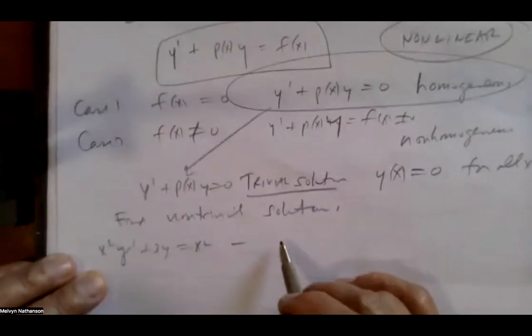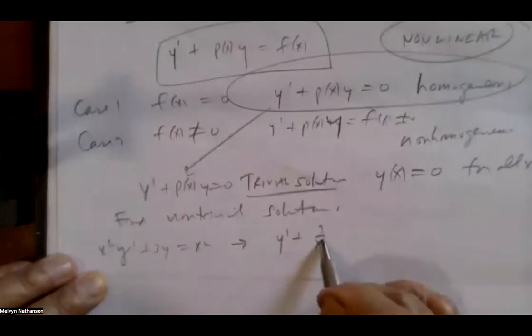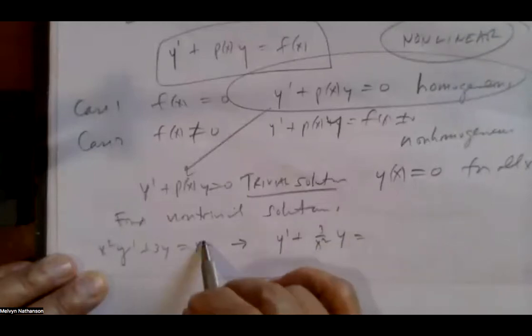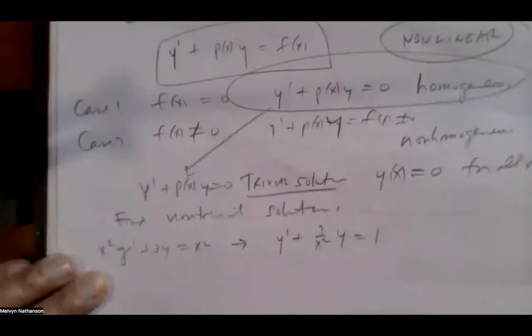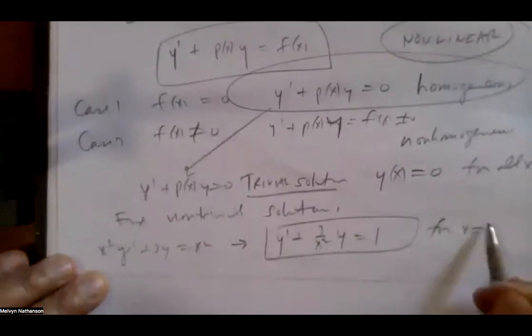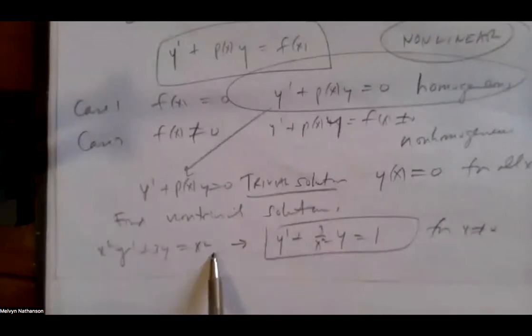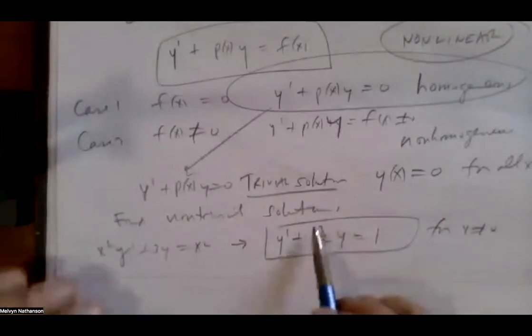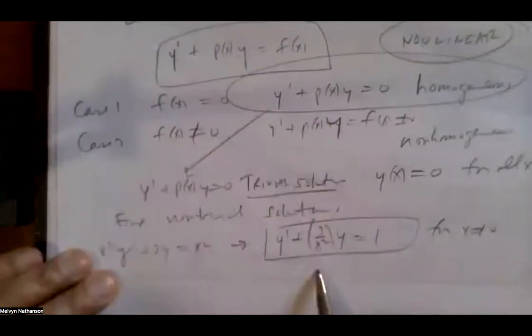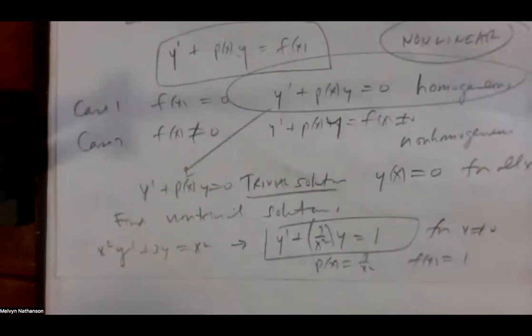If I divide by x squared, I get y prime plus 3 over x squared y equals x squared over x squared, which is 1. So at least for x different from 0, I can divide by x squared. And this equation is the same as this equation. And now this is of this form where my p of x is 3 over x squared, and my right-hand side f of x is equal to 1. Okay.